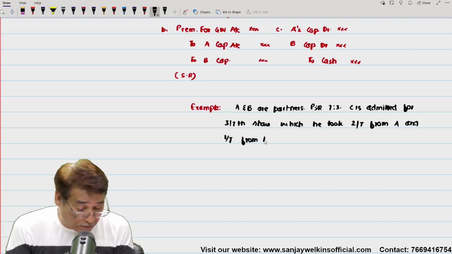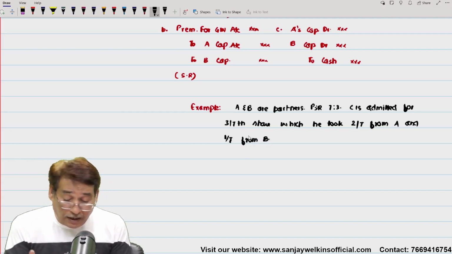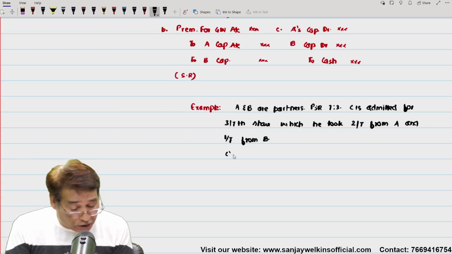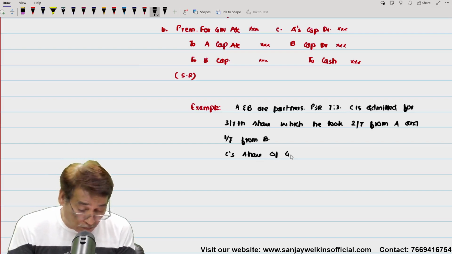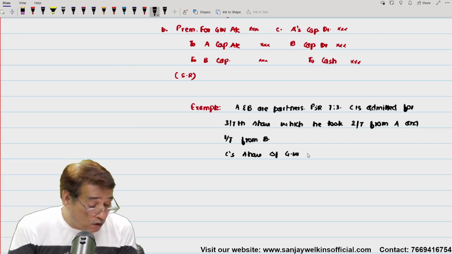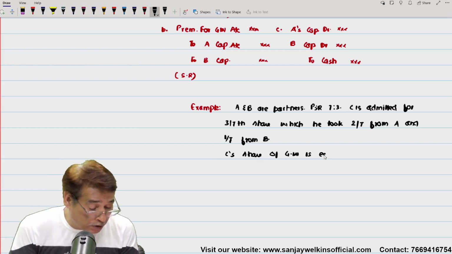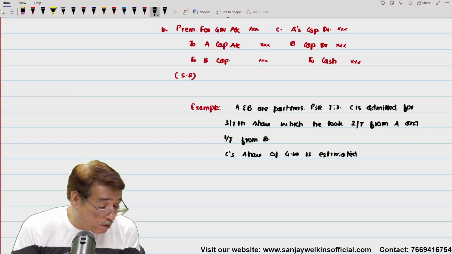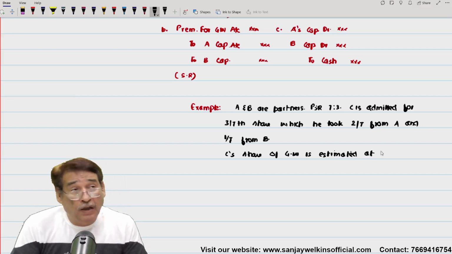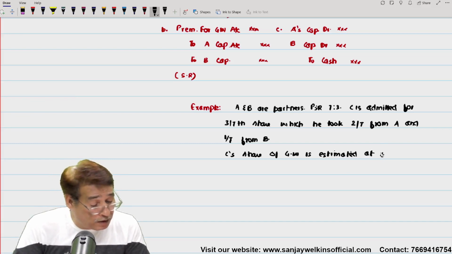Let us say it is given that C's share of goodwill is estimated at rupees 30,000.